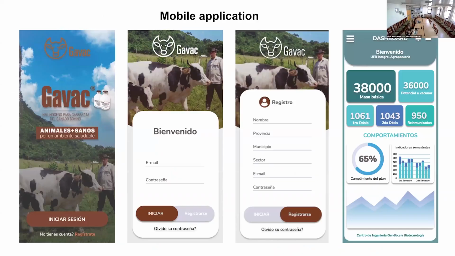These are some screenshots of the mobile app that will be used by the farmer or livestock owner to provide information about their personal data in the program.